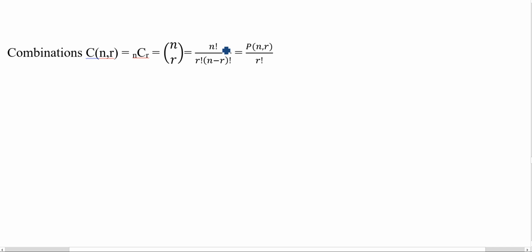And that's n factorial over R factorial, n minus R factorial. Or permutation n, R over R factorial. So these are combinations if we're going to choose R from n, and order does not matter.